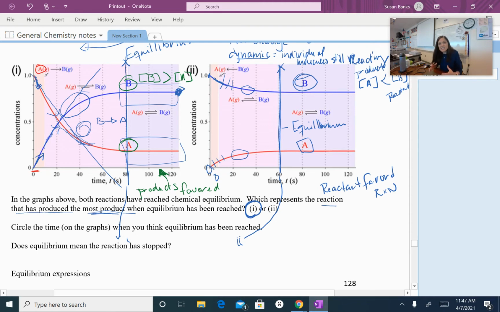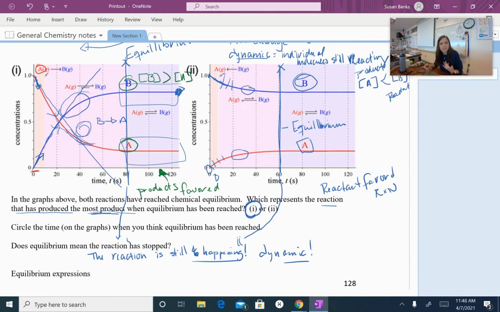So the reaction is still happening. It is dynamic. It just is happening at the same rate both ways, so that means the overall change is 0.